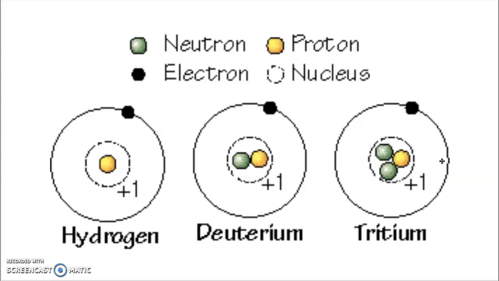And in this one at the very end, I still have 1 proton, so I'm still hydrogen, but now I have 2 neutrons. My element is still hydrogen. However, my nucleus changes. I have more neutrons in my 3rd atom of hydrogen than I do in my 1st atom. These are all isotopes of the element hydrogen.